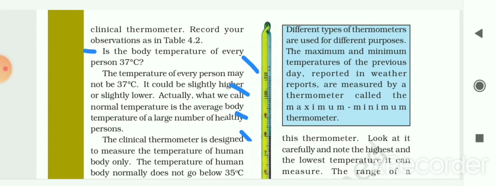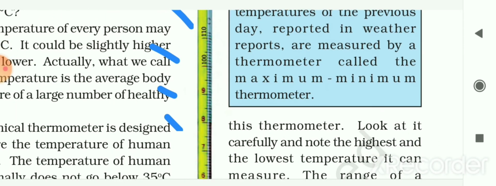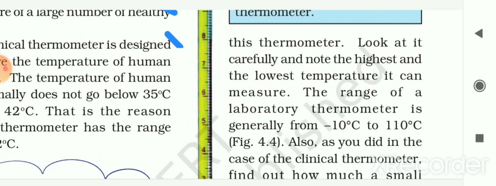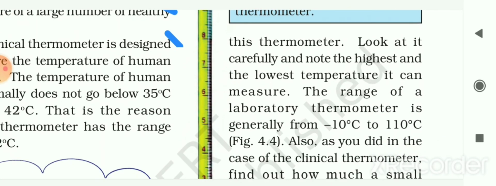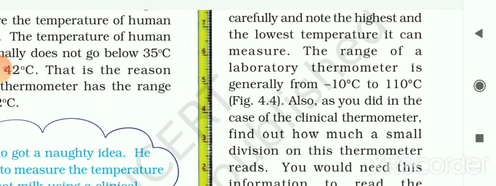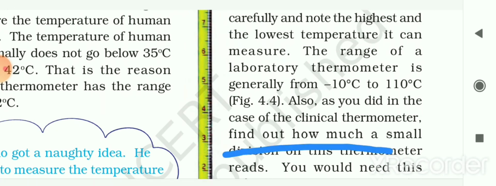Look at this thermometer carefully and note the highest and lowest temperature it can measure, or you can say its range. The range of a laboratory thermometer is generally from -10 degrees Celsius to 110 degrees Celsius, as we have seen.